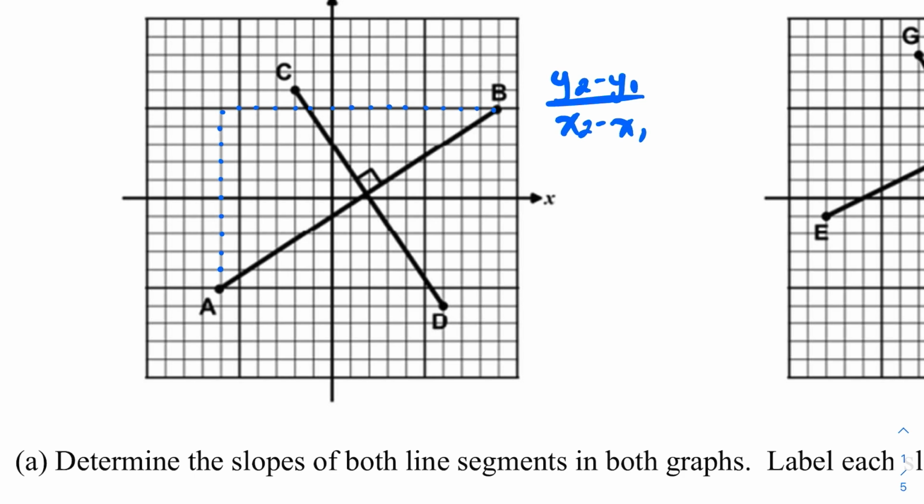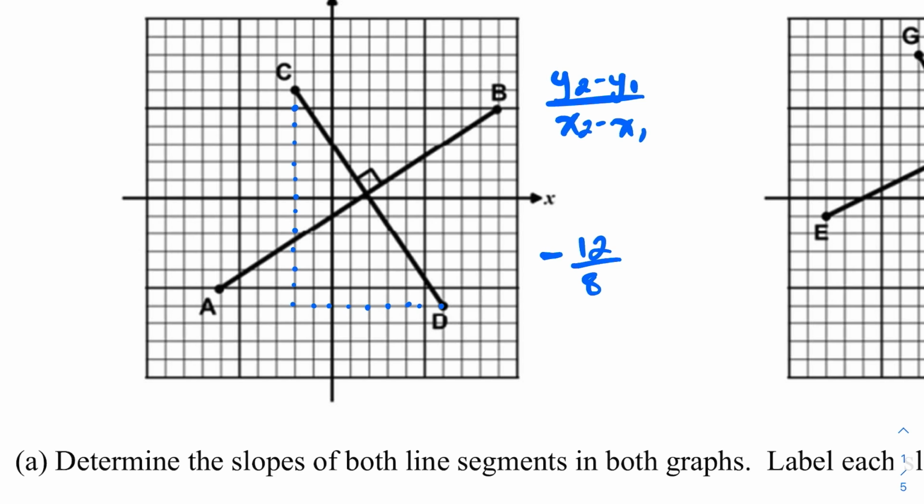Okay, let's take a look at CD. I'll do the same thing. I'll count from C to D. Down 1, 2, 3, 4, 5, 6, 7, 8, 9, 10, 11, 12. Down 12, right 1, 2, 3, 4, 5, 6, 7, 8. Down 12, right 8. Since we're going down, it's going to be a negative.